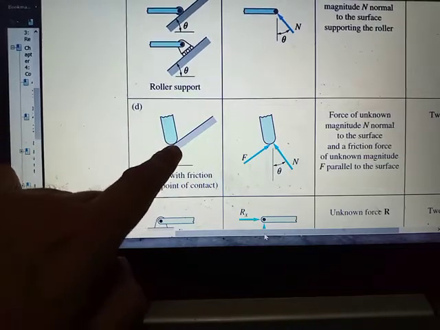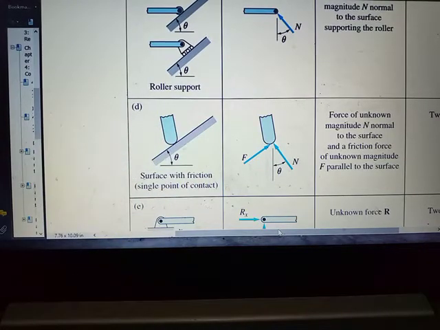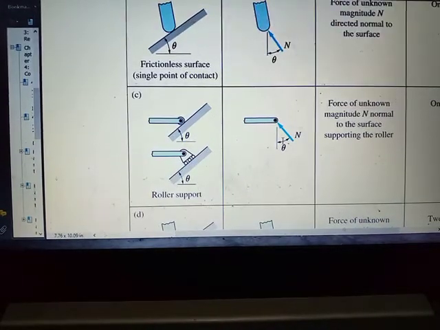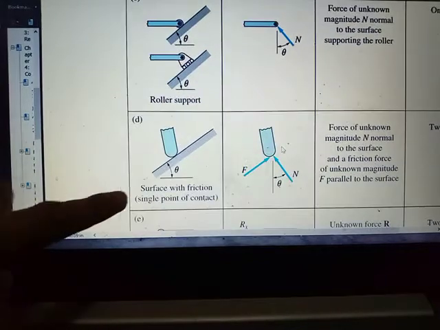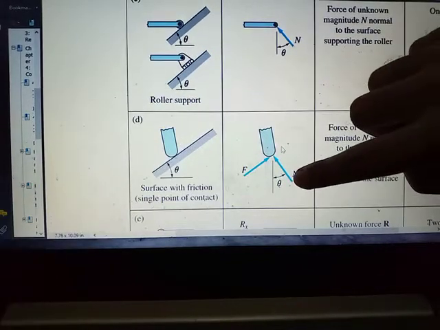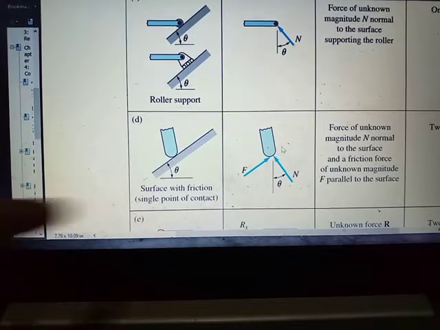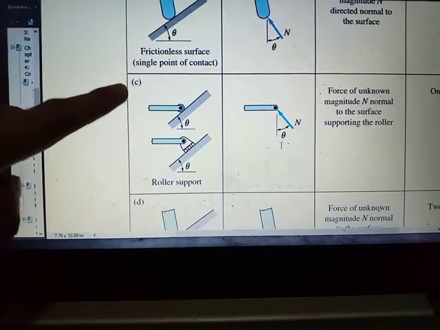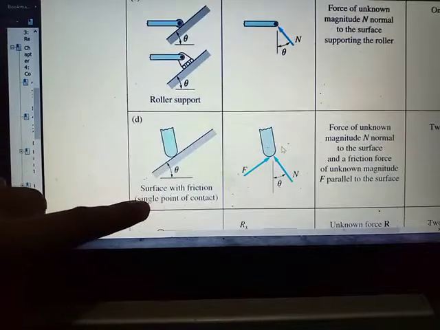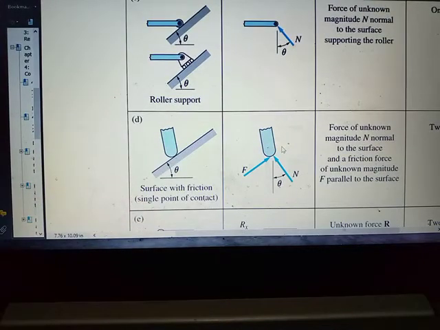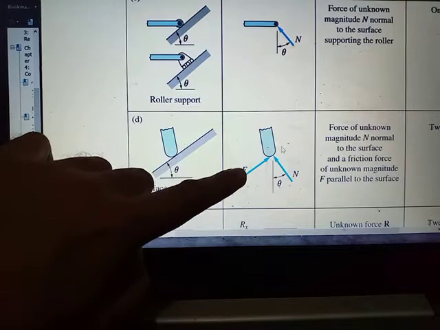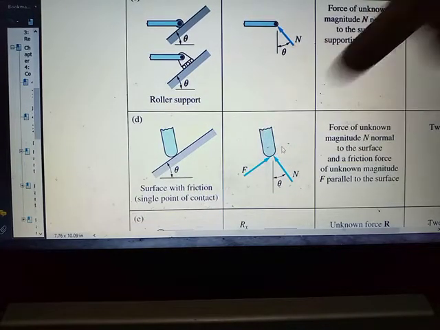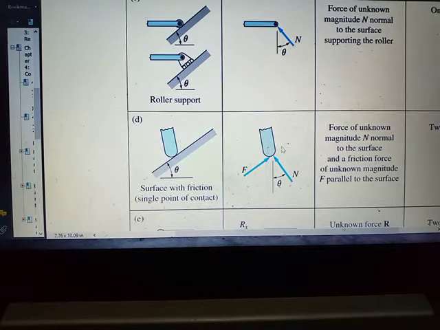Unlike nung kay frictionless surface na perpendicular lang sa surface yung force, dito kay surface with friction, meron kang parallel. Yung kaibahan lang nila is perpendicular lang kay frictionless surface, kay surface with friction, meron kang parallel. Surface with friction is both parallel and perpendicular.